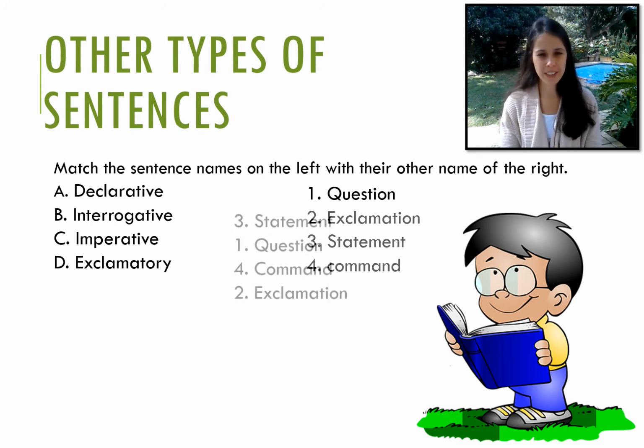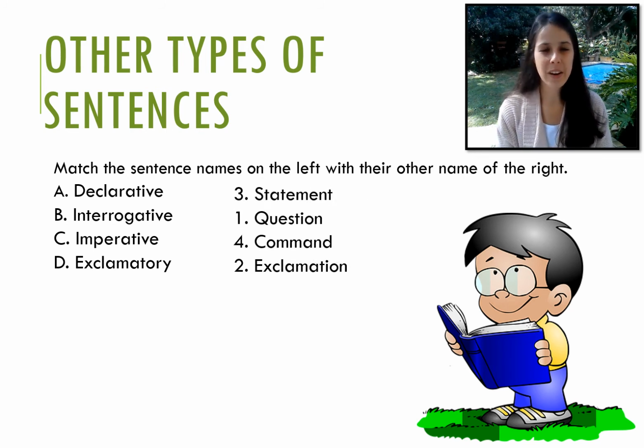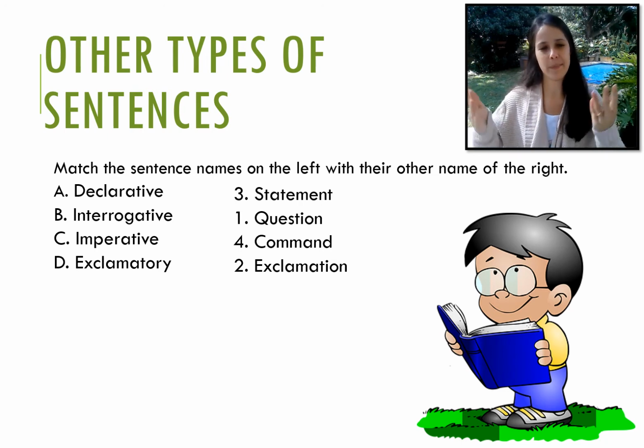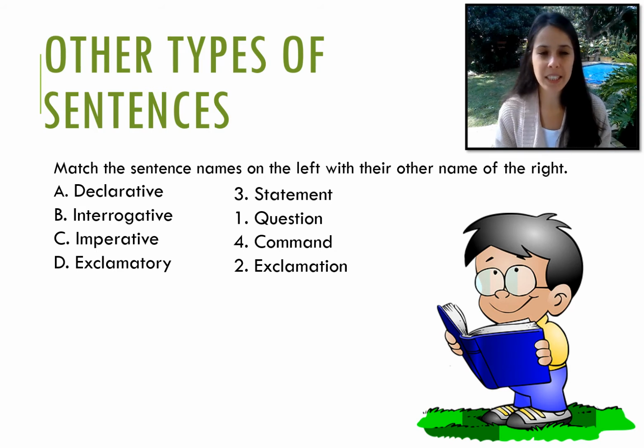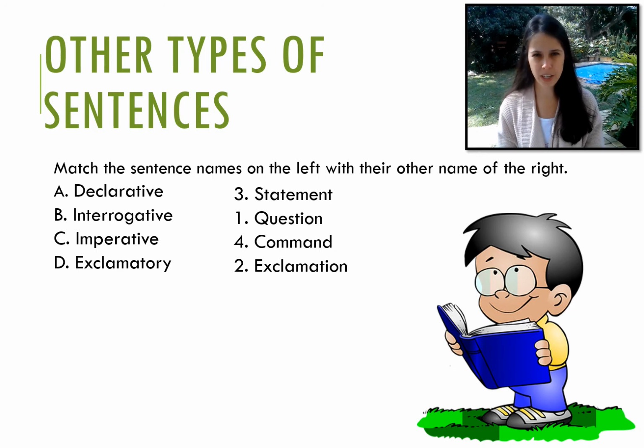Alright, here are your answers. A, with declarative, it is a statement, right? I'm just giving you any kind of fact. Today it is sunny. B, interrogative, is a question. What are you doing? I'm interrogating you. That's how I explained it to you in class. C, imperative, is a command. Take out your books, take down your notes.